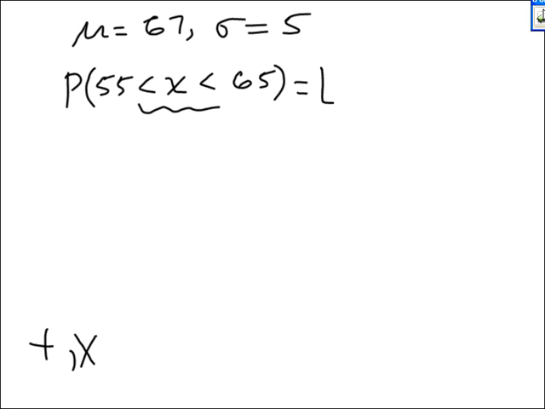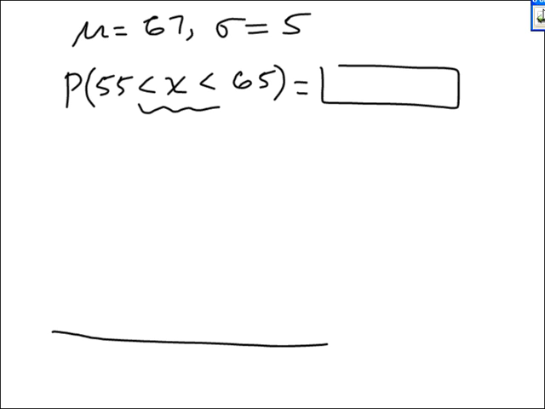Okay, so need to get that answer. Well, since it's normally distributed, bell-shaped curve, I would draw the picture. Maybe if I see what's going on, maybe I'll have a chance to be able to do the problem.